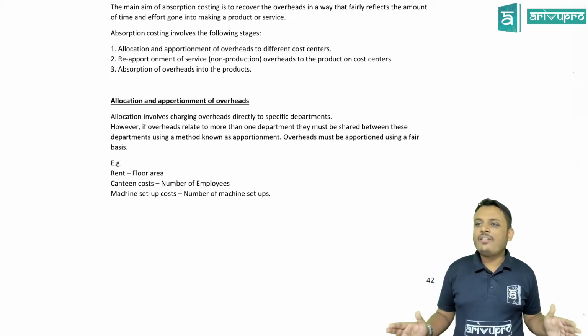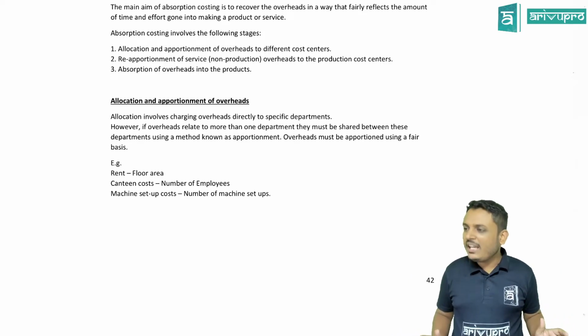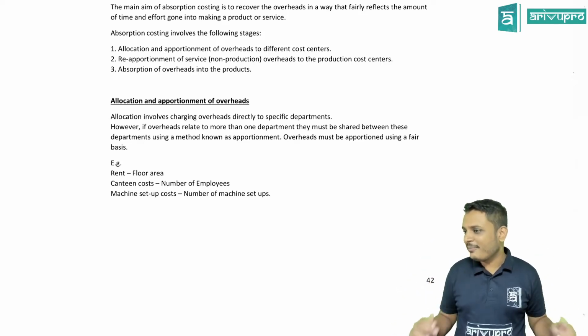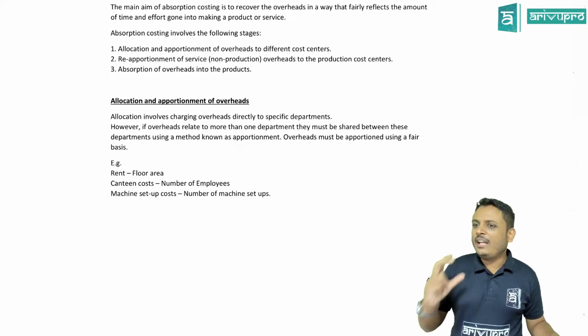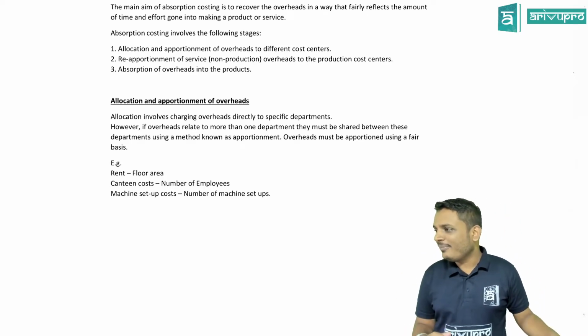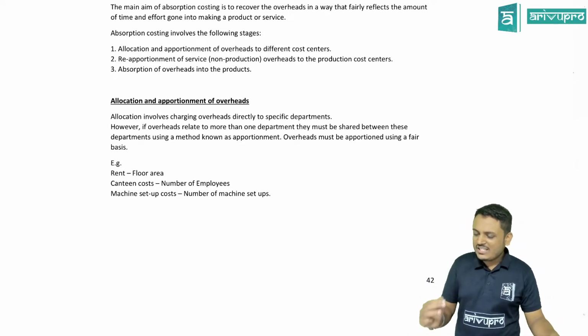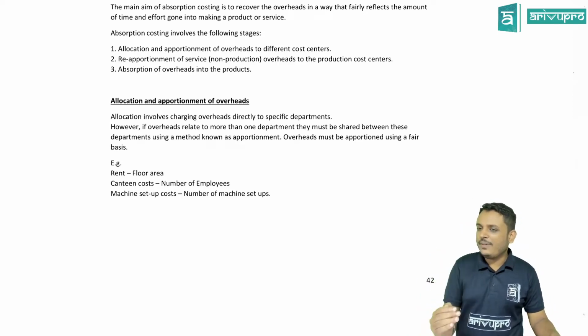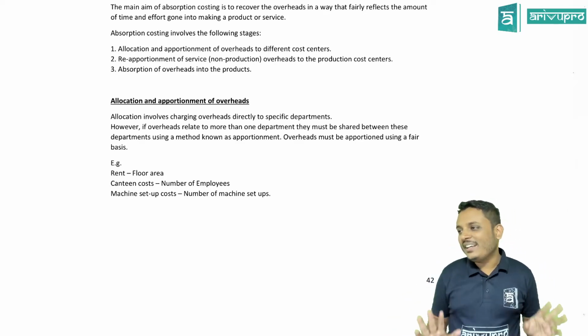Let's take a factory, a production department. For that factory, we have a separate electricity meter. So whatever electricity cost is incurred is for that production only. When we know the cost is specific to that particular activity, we can directly allocate it.